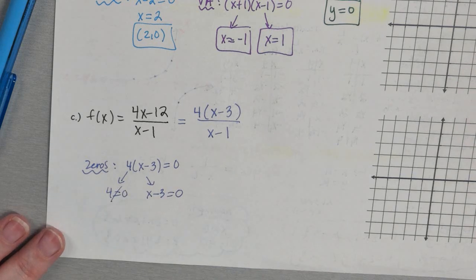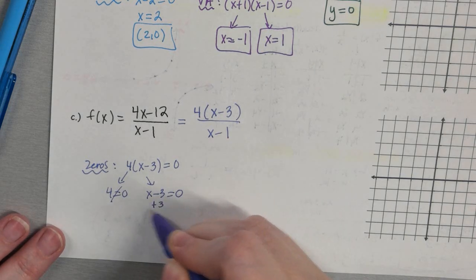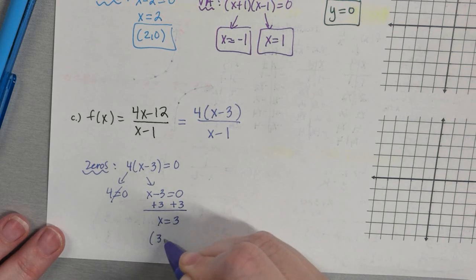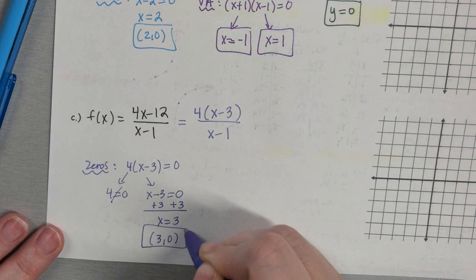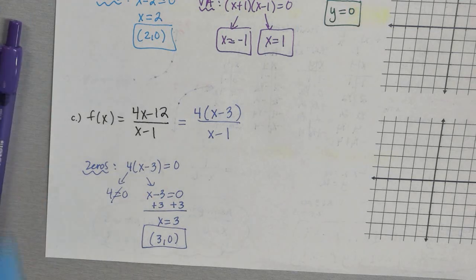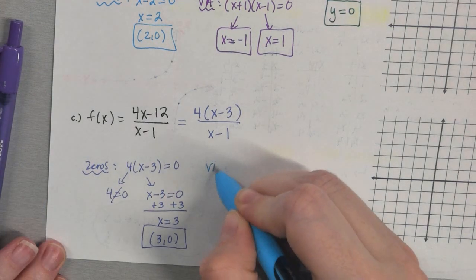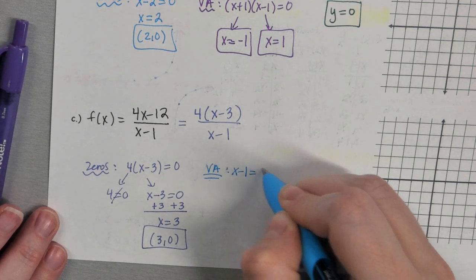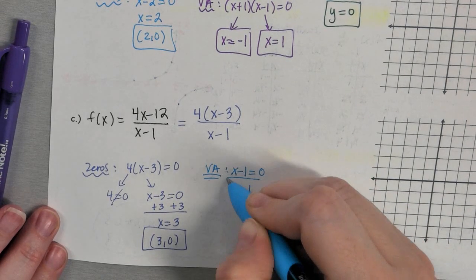No. So that's not going to give you an x-intercept, but this one will. So (3, 0) is your x-intercept. And then the vertical asymptote, you just take your denominator, set it equal to 0: x equals 1.